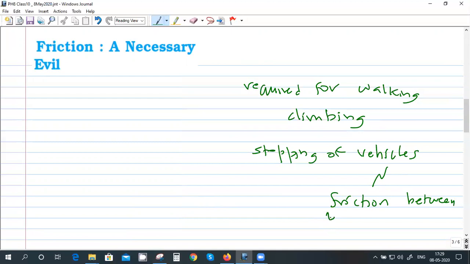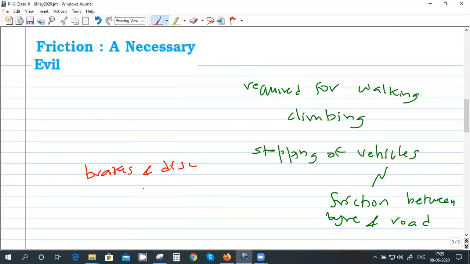Friction between tire and road. Actually, there are two things happening here. First is the friction between the brakes and the drum or disc.